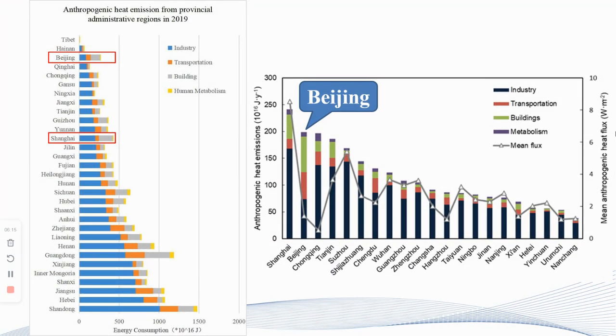So these are the heat emission from the provincial administrative regions for China, and this is for urban levels. For example, this is Beijing. So in most provinces or most cities, industrial contributes the most to the heat emission. But for Beijing city, buildings contribute the largest.